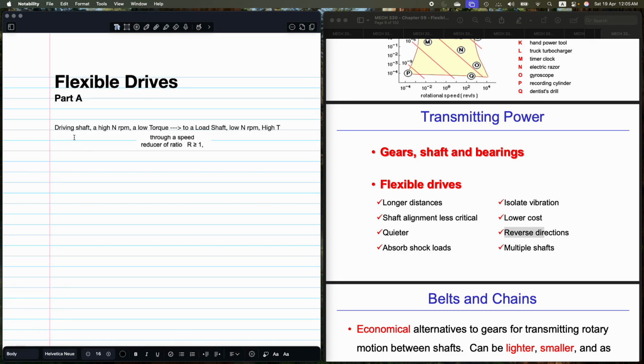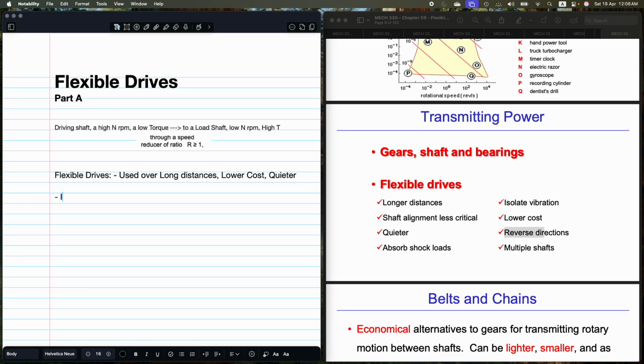From this, I'm going to write over here, for example, maybe let's change the header to body. So flexible drives: the pros are used over long distances, lower cost. I'm putting this in the order I would remember it. Lower cost. What else? Quieter, right? What else can we say about this?